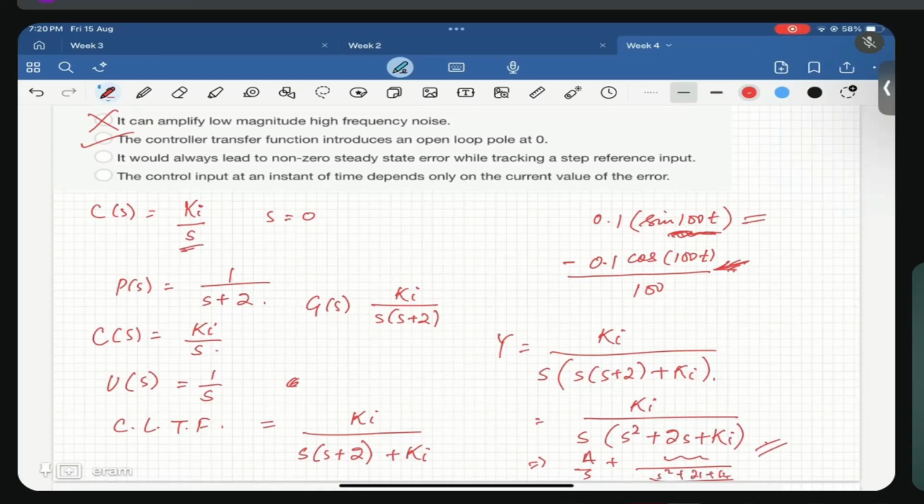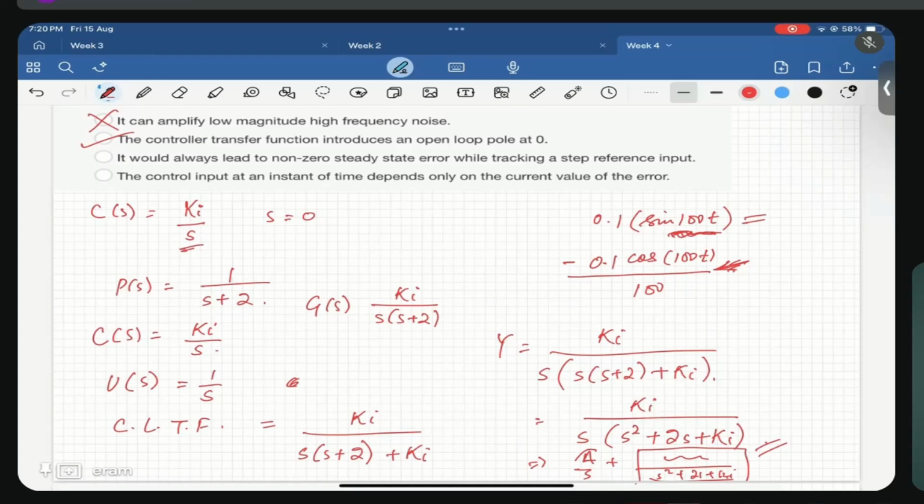If you design ki such that the response is stable, the second term can have the structure of a damped oscillation, and the oscillation will reduce to 0.